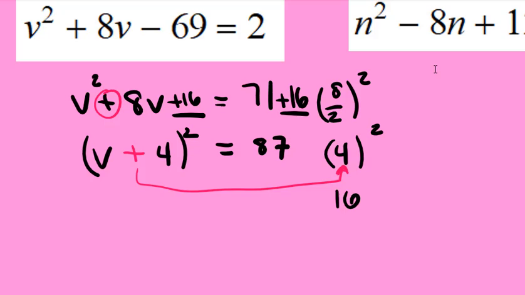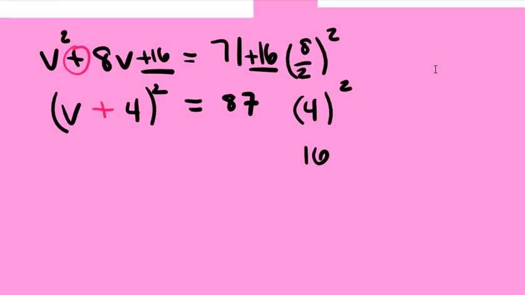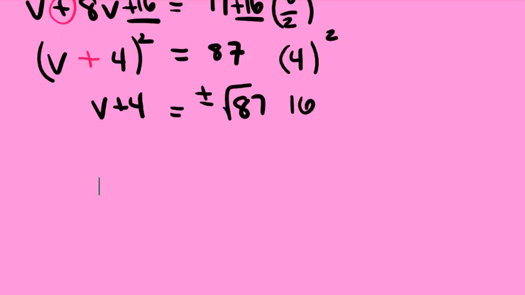So once we've got that all set up, what we're going to do is simply square root both sides. And remember, be careful: you have v plus 4 equals plus or minus the square root of 87. Then moving that 4 over gives us v equals negative 4 plus or minus the square root of 87.